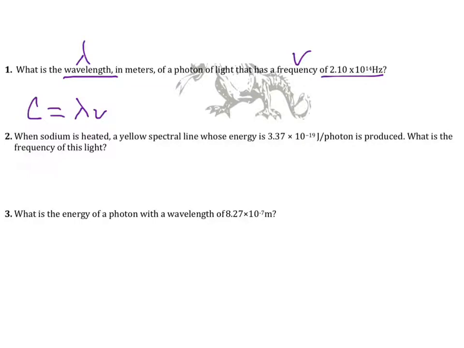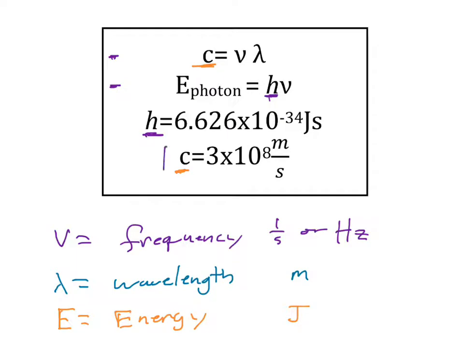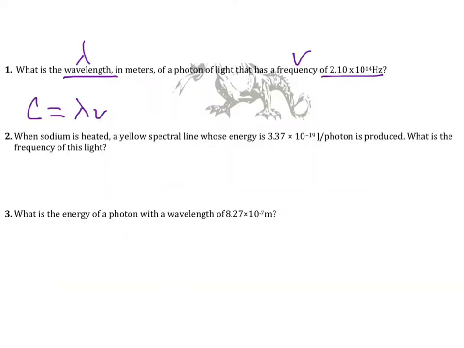And it's actually really simple. All you need to do is plug the numbers into your equation, and then solve for the unknown that you're looking for. So let's plug in those numbers. Well, what is c? The problem doesn't give us c, but if you look over here, we will always have c. c is 3 times 10 to the 8.